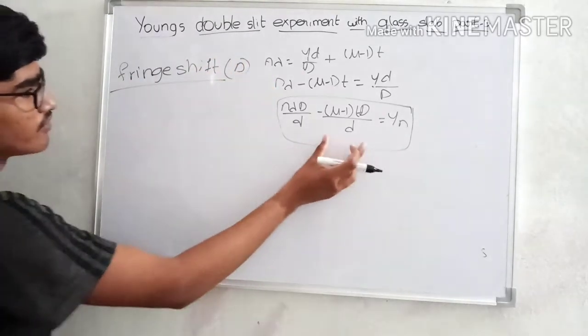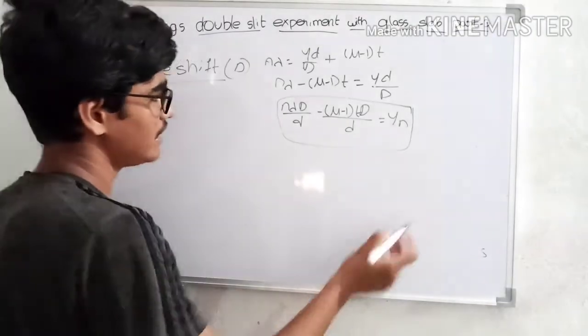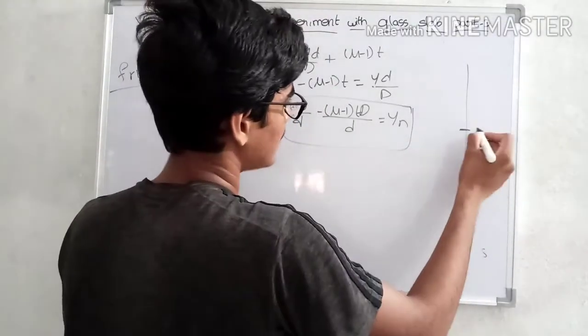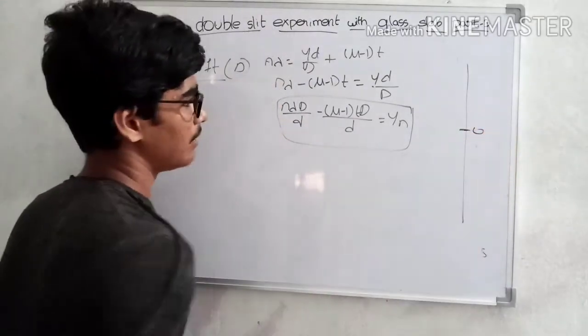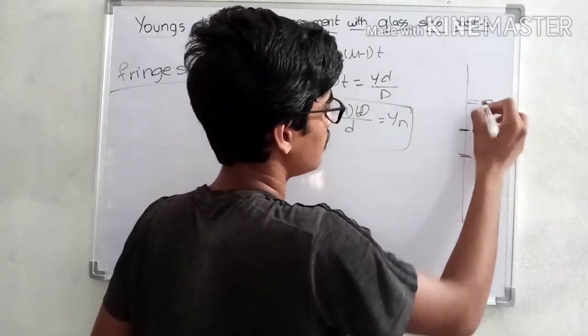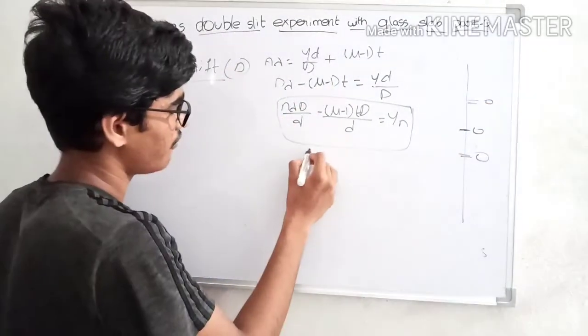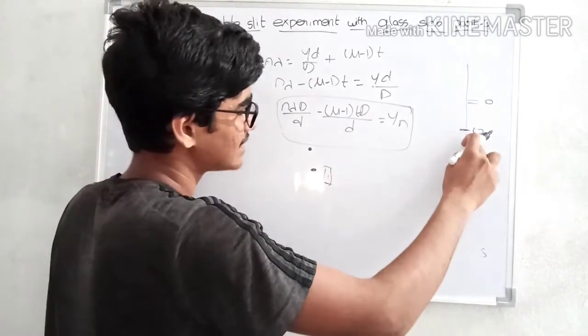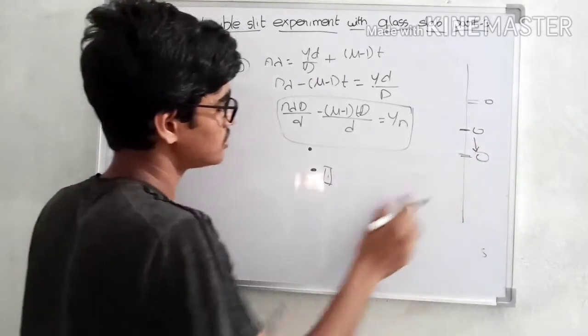With the fringe shift created, in the interference pattern the central maxima will not appear in its original position; it will appear downwards or above. That means if there are two slits and we place the glass slab below, the central maxima position will come down.